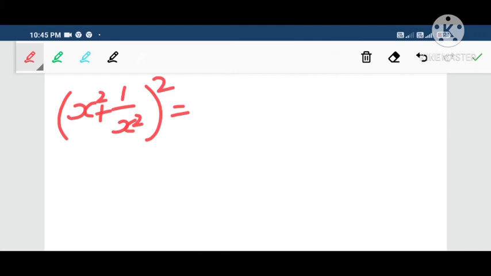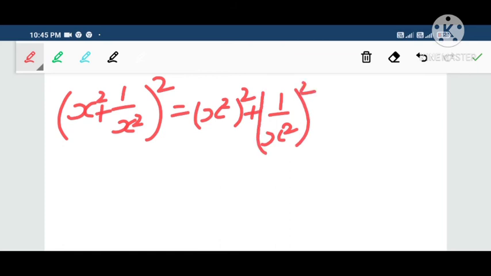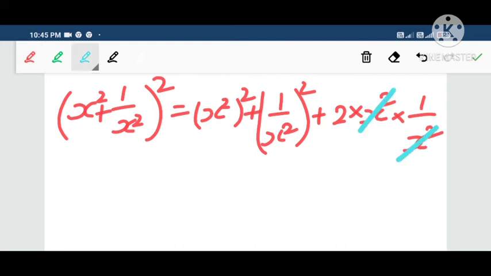As usual, the formula (x plus y) the whole square becomes x square whole square plus 1 by x square whole square plus 2 into x square into 1 by x square, that is x square plus y square plus 2 into x into y. So as the same, it will cancel. So what is the remaining part you get?